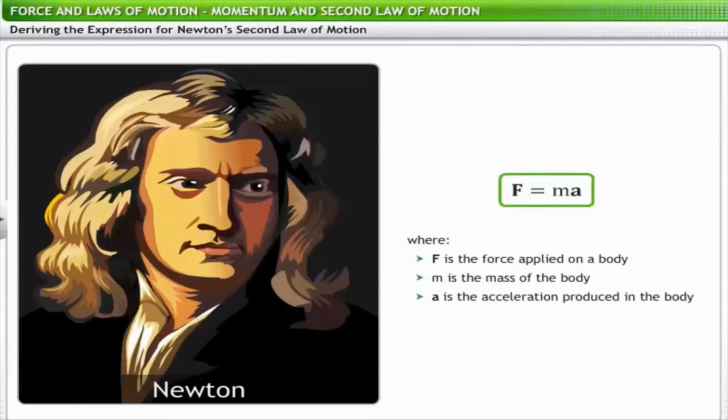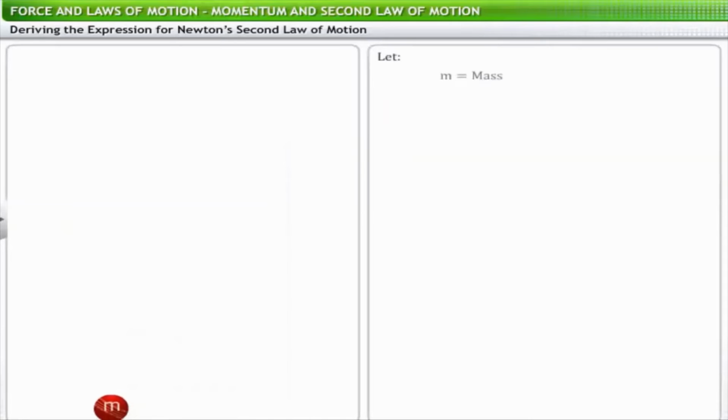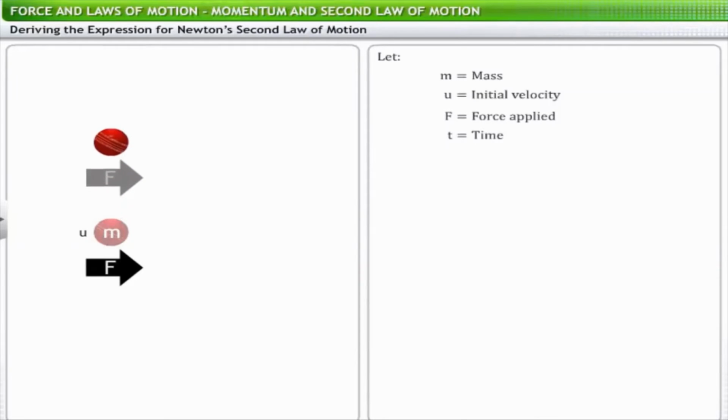Let's derive this relationship using an example. Consider a ball of mass m having an initial velocity u. When a force of magnitude F is applied on the ball for time t, the ball moves ahead with an acceleration a. In the time period t, the ball accelerates to a final velocity v.